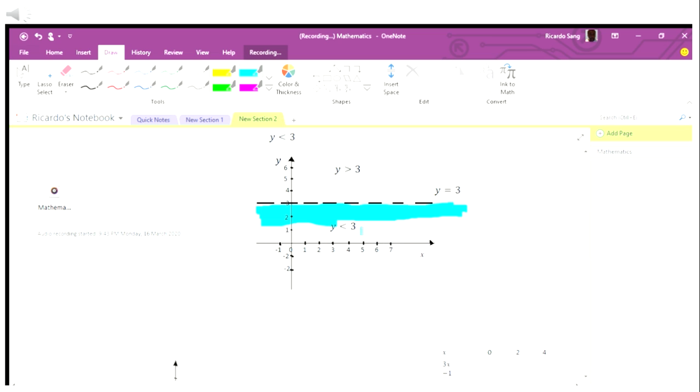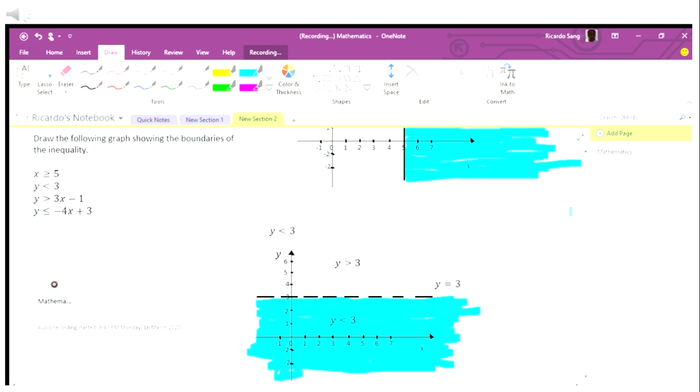But this one is showing the region y less than 3, and this is 1, 2, 3, 0, -1, -2, and so on and so forth. So this is the line y less than 3.